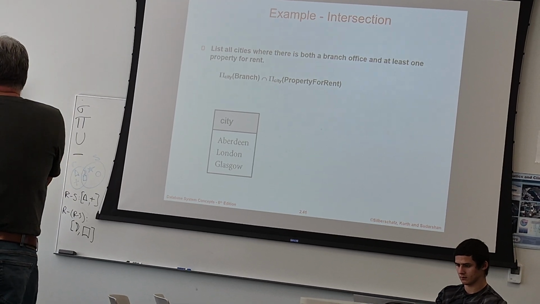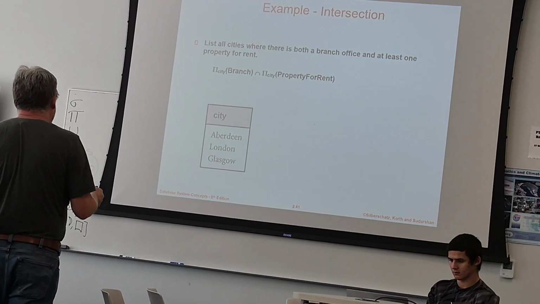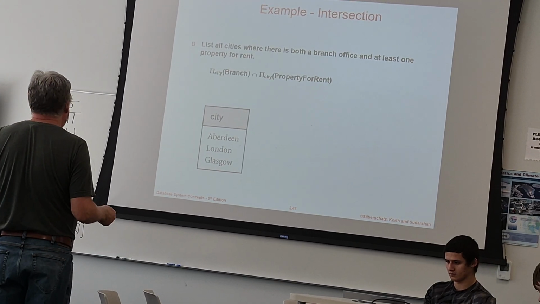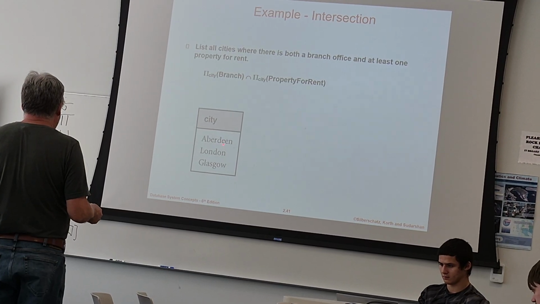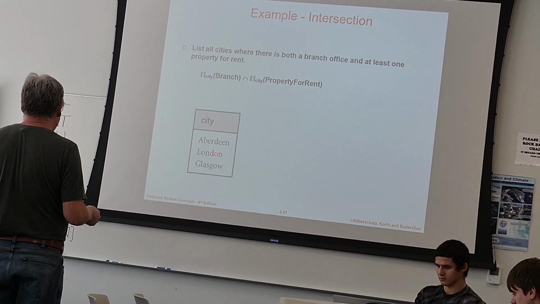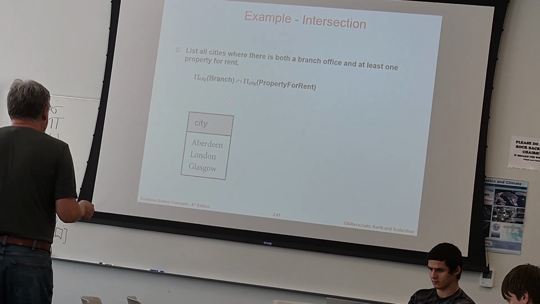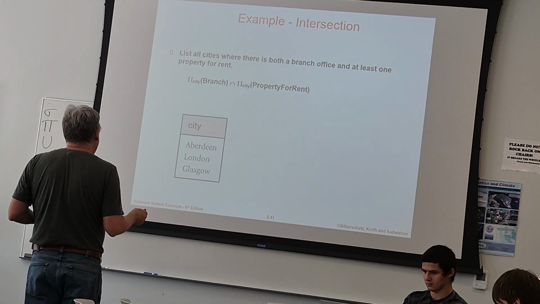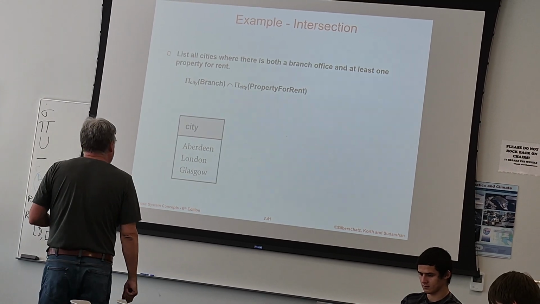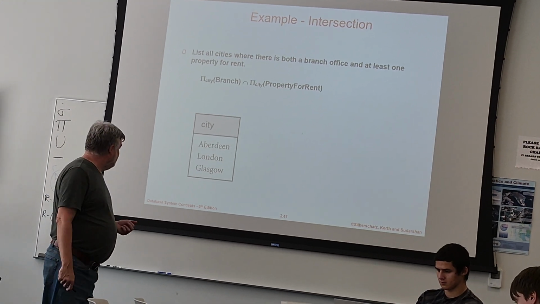A city with a branch office in it that had no apartments for rent, that was Bristol. And so apparently that means that Aberdeen, London, Glasgow, and Bristol are branch offices. But since Bristol had no properties for rent, then the only intersection between branch office cities and property for rent cities is going to be these 3 locations here.